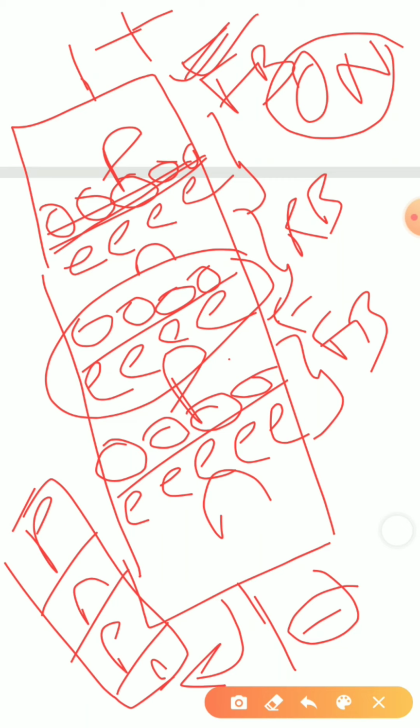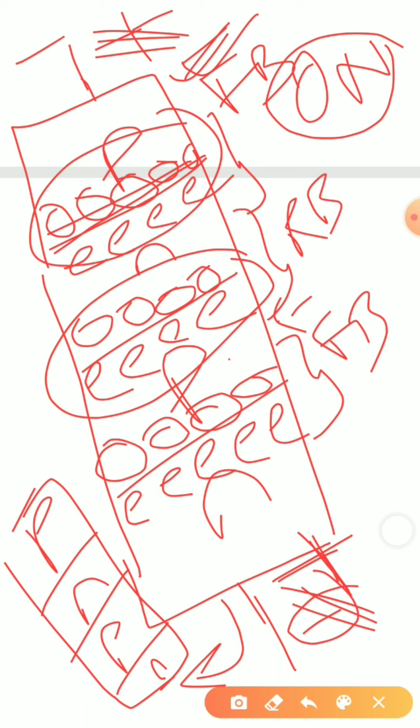Now why is this important? Because if I do not bring my SCR to the previous state, what happens is this. I reverse bias it, making this minus and this plus, and the gate current is removed, but the charges are not completely redistributed.